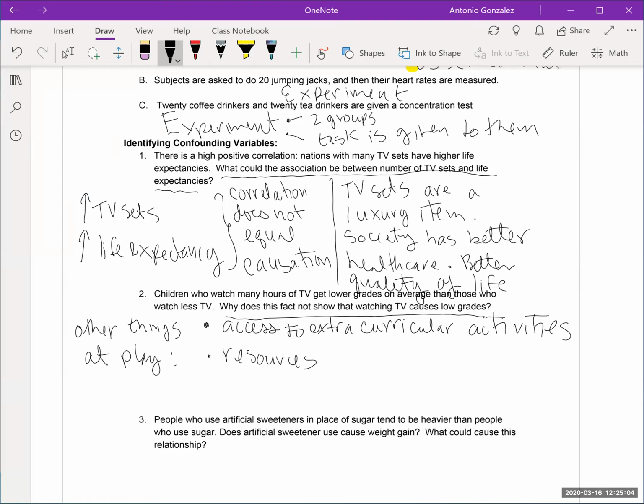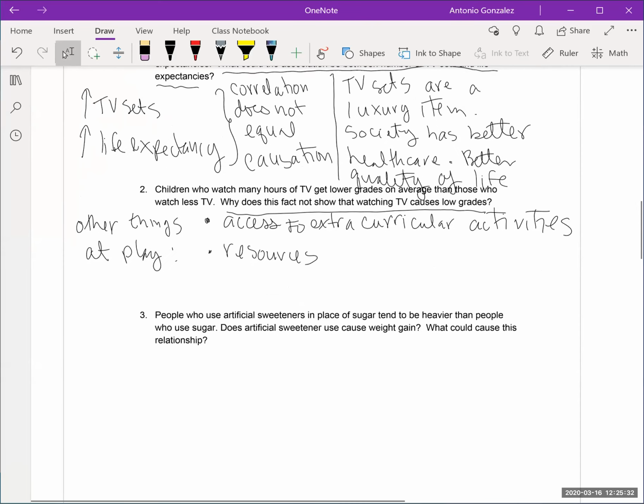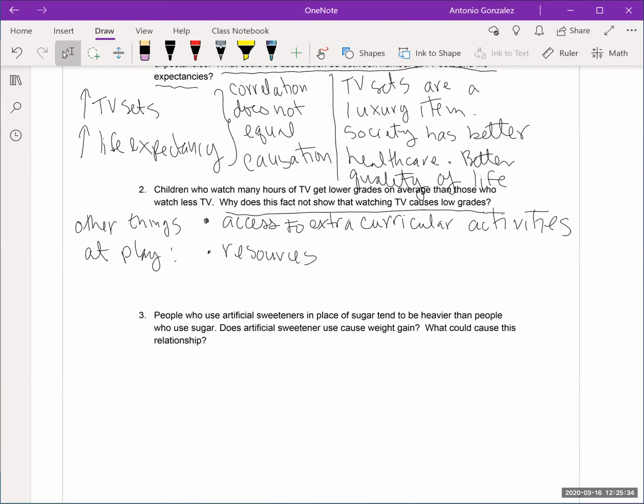Where the reason someone is watching more TV is just because they don't have access to maybe after school programs or extra tutoring that is available outside of the classroom, right? And instead they have TV as their main source of entertainment instead of something else. So this also might lead to lower grades. Okay, does that make sense? Any questions?